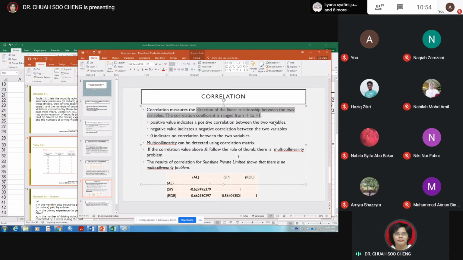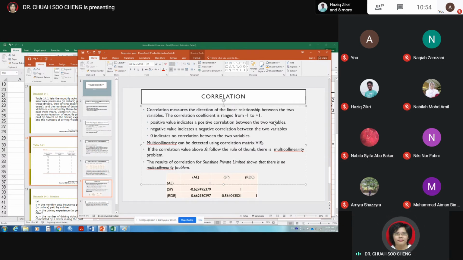Besides telling us the relationship between two variables, correlation can also detect multicollinearity. In detecting multicollinearity, there are two ways. One is using a correlation matrix. The other is using VIF, the variance inflation factor, which is not in the syllabus here.